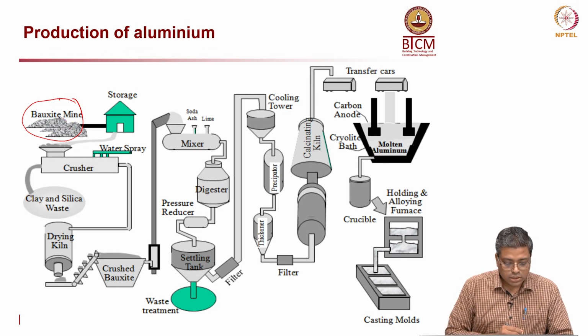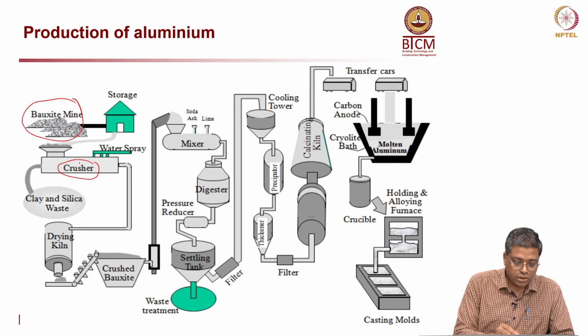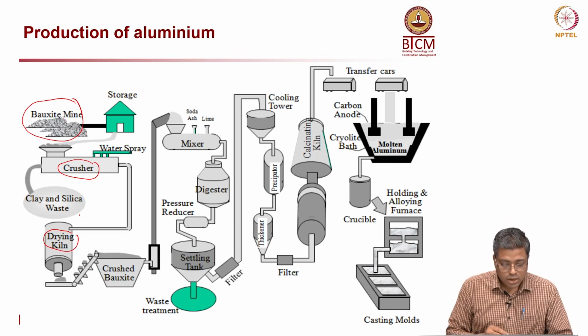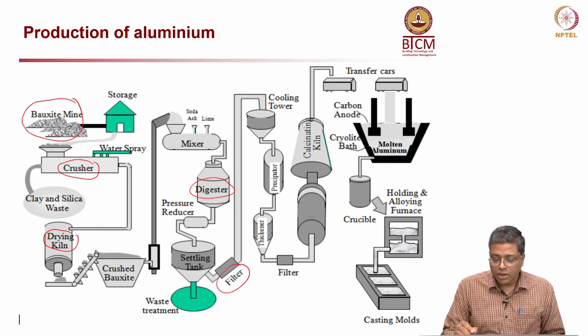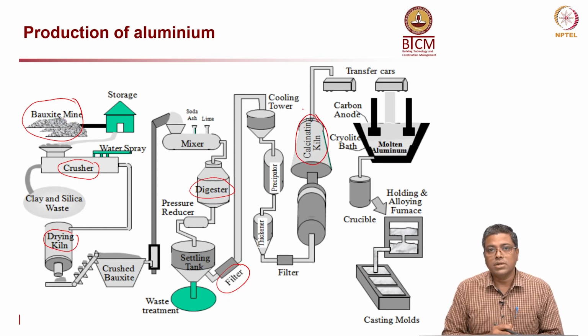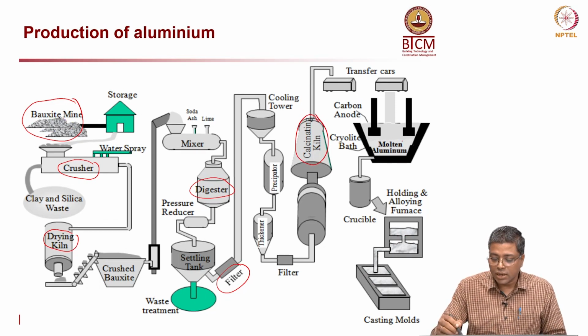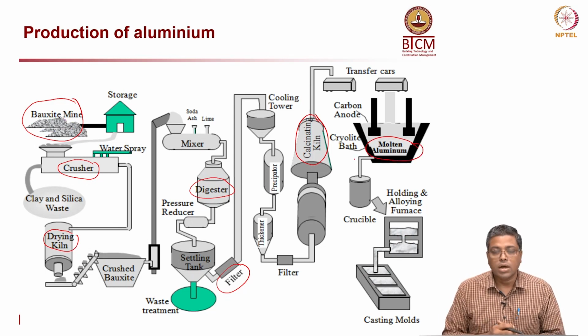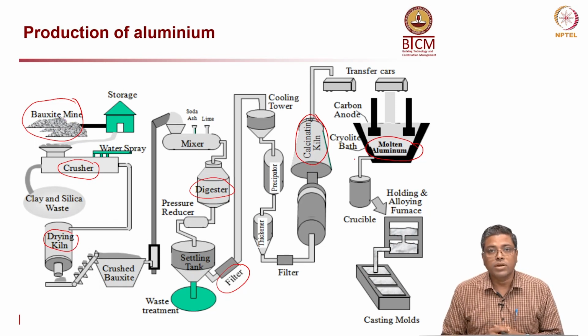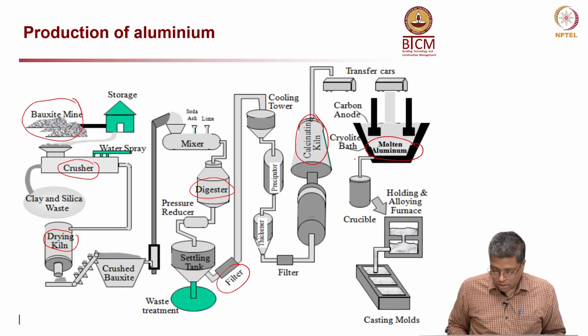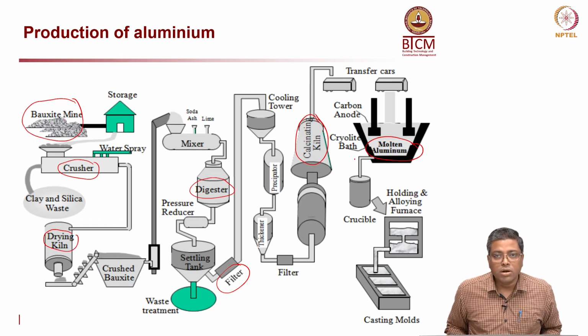Bauxite is crushed into smaller size and then dried after mixing with water, and then you have further mixing processes, digestion processes and then filtration, etc. And then eventually the material is heated or calcined, and then finally you get the molten aluminum, which is poured into different casting molds for further usage. So, this is the brief on how aluminum is produced.